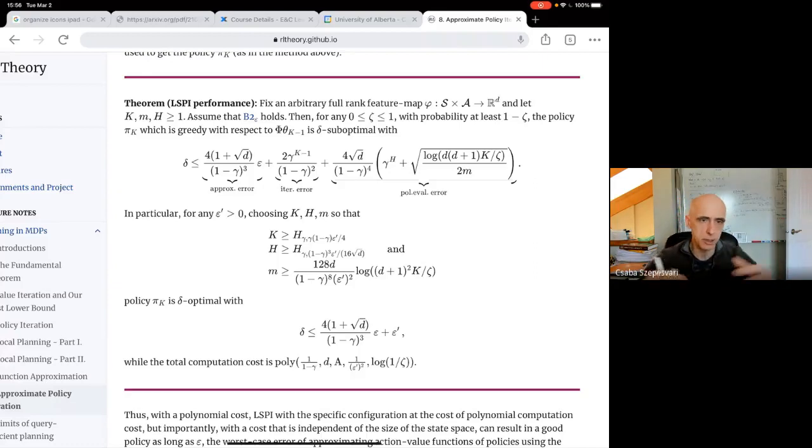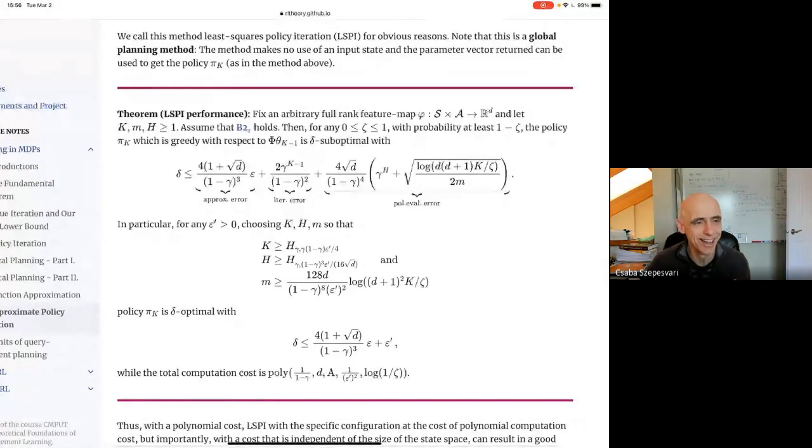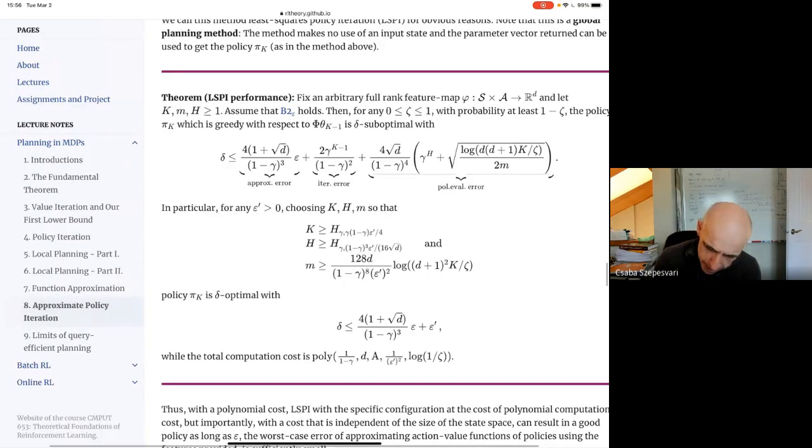This is polynomial in all the quantities of interest. But what happens at the end is that the approximation error gets inflated. I wish I knew how to use these modern tools, but okay, so you see the first displayed equation.